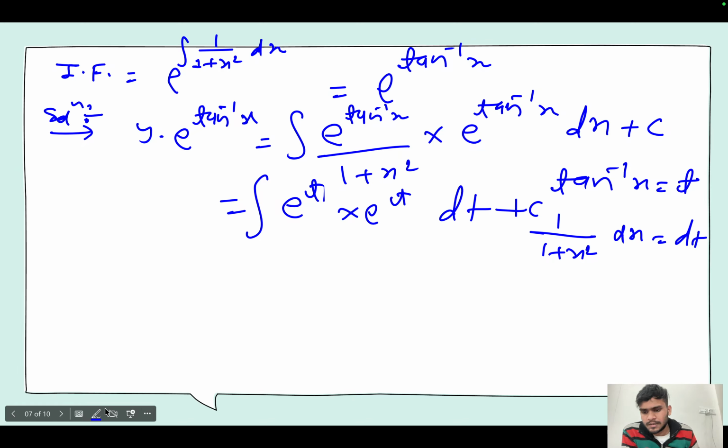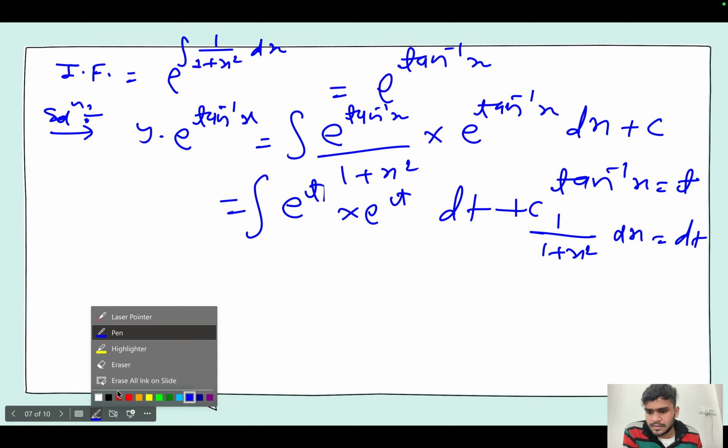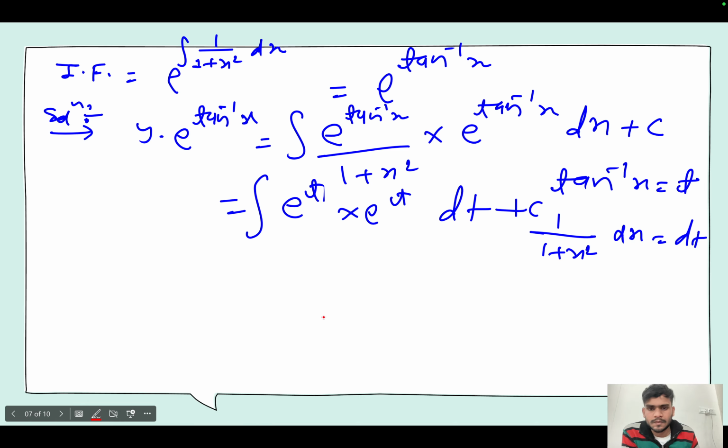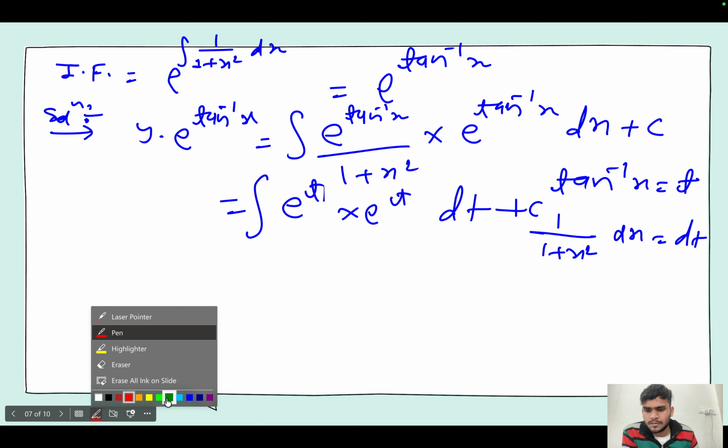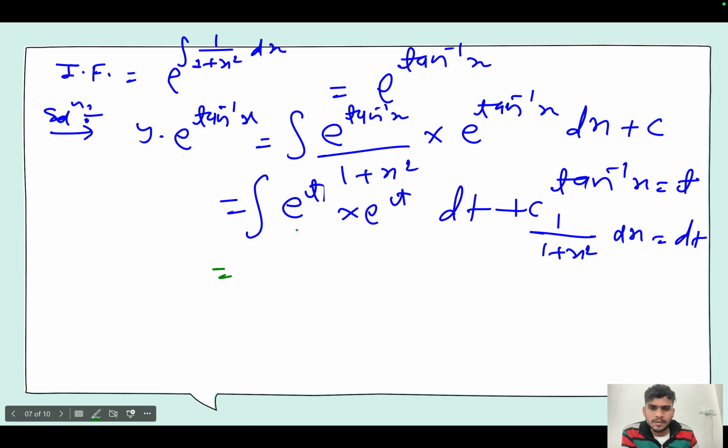Let me change the ink color. It becomes the integration of e to the power 2t dt plus c, and the integration of e to the power 2t is e to the power 2t by 2.